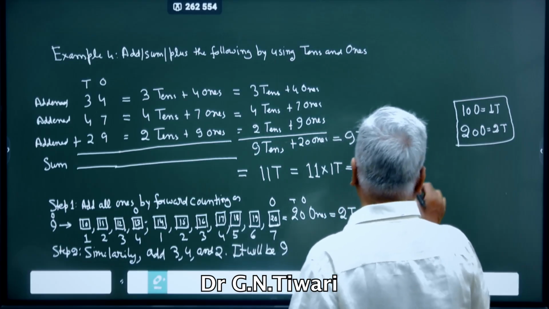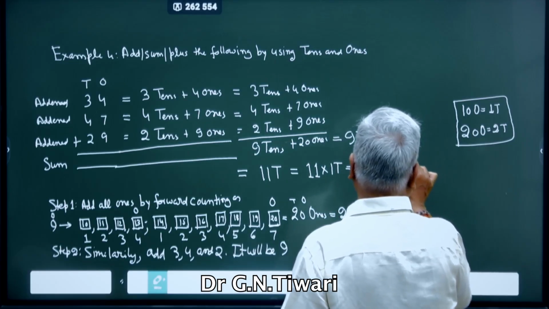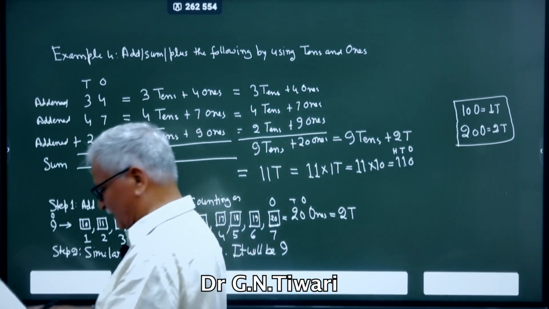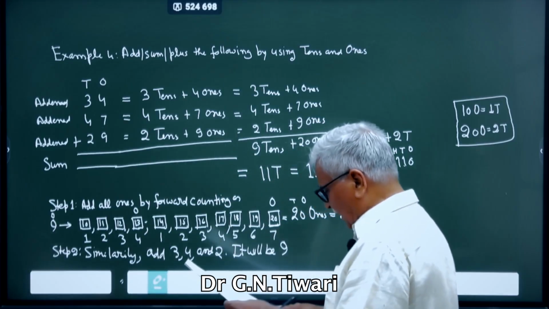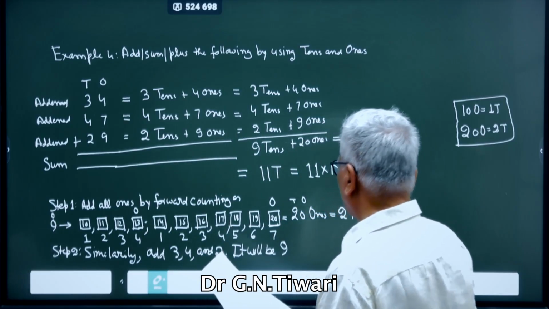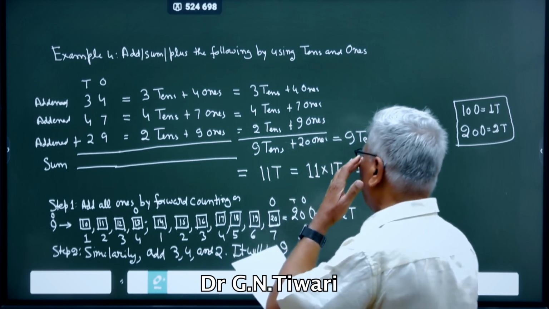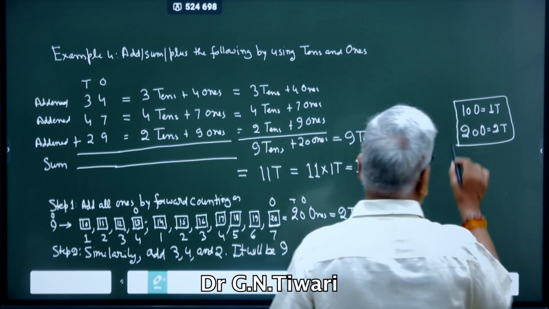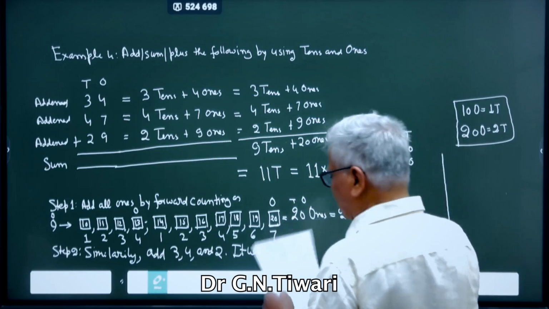So the answer is: first digit ones, tens, and third one is the hundreds. O, T, H. Now I am going to give you some hints. What is the meaning of all these things, the conversion table, which I have already told you, but again I am repeating.